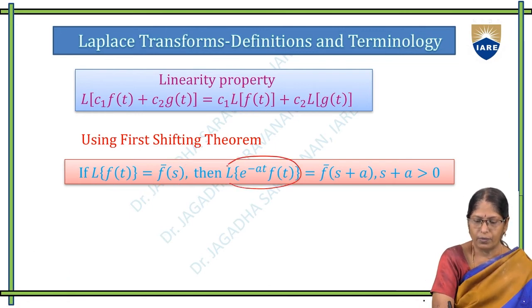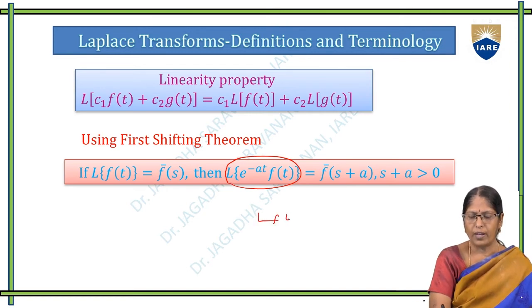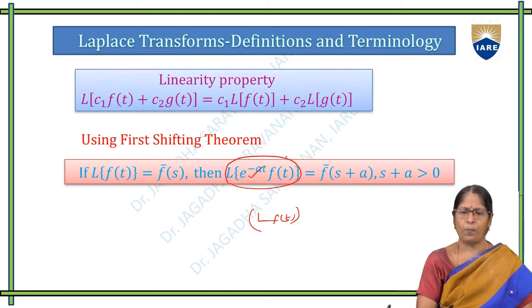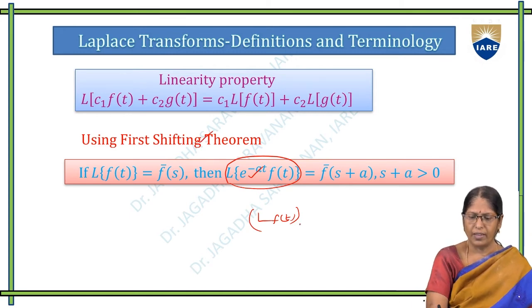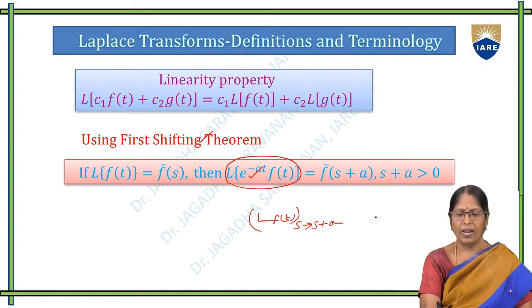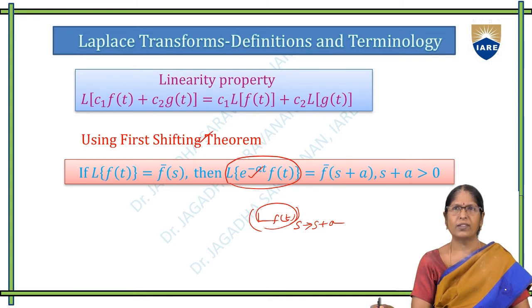We won't apply it to the exponential; we apply the first shifting theorem. That is, s tends to, since minus a is there, just the opposite we write. After applying Laplace to f of t, the result will be in terms of s.